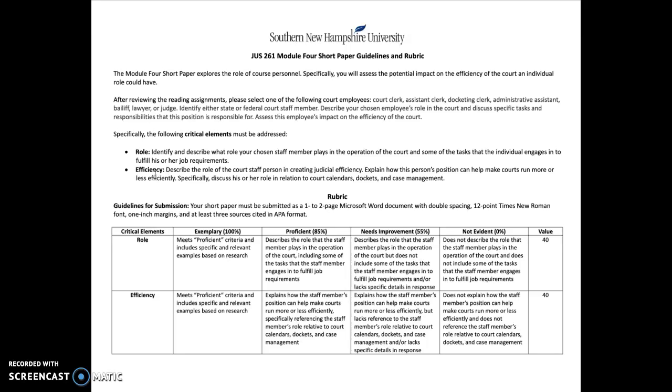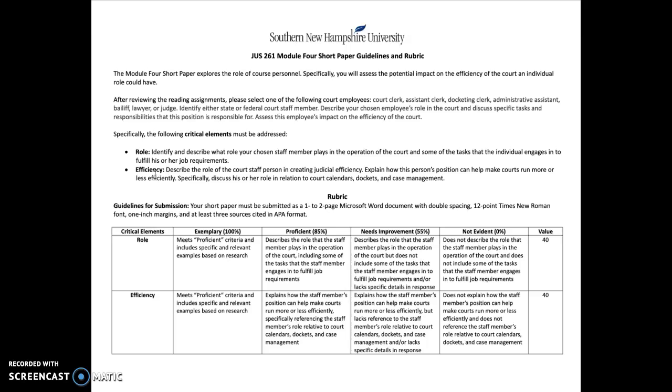So it could be something such as e-filing, electronic filing, docket management programs, ways to minimize continuances, and ways to get the case to move to a quick resolution, or to require that cases be adjudicated or disposed out within a certain amount of days, let's say 120 days for misdemeanor cases, those type of things.